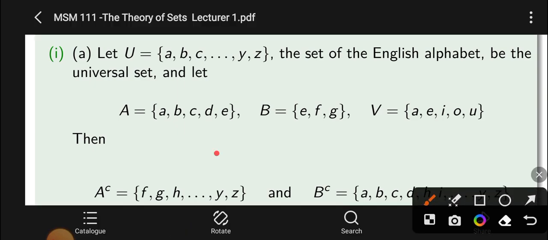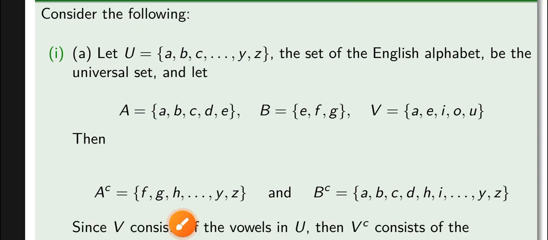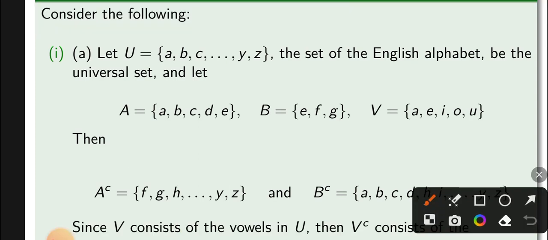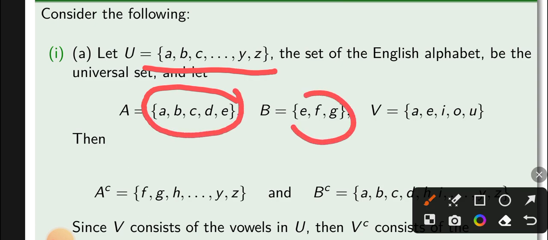You see the letters of the alphabet, the 26 letters, and this is A, this is B. So if they say find A complement, just come in here, cancel all the elements in B, and then write what will remain.